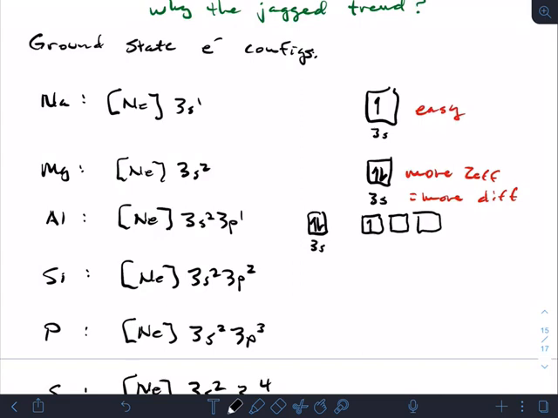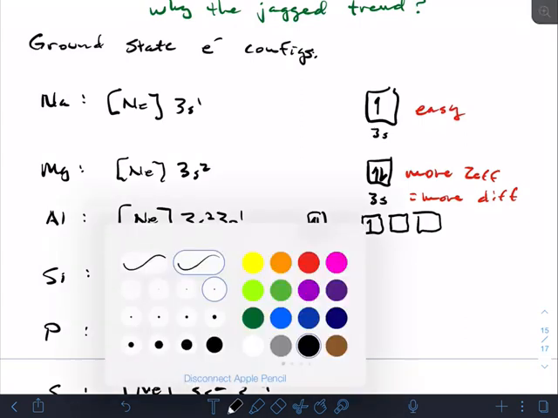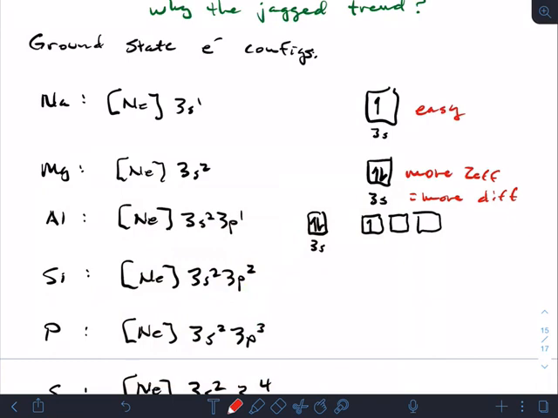Right? So here, this is going to get really tight. I think I drew this all too small. This one's going to be a little easier.